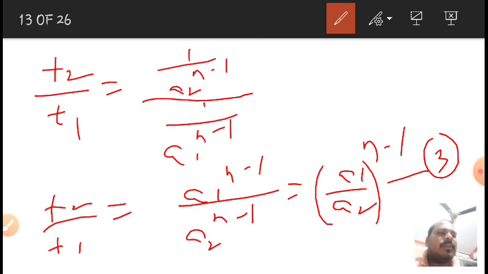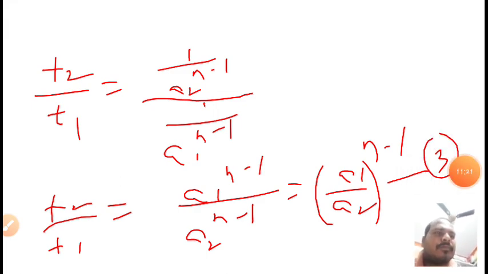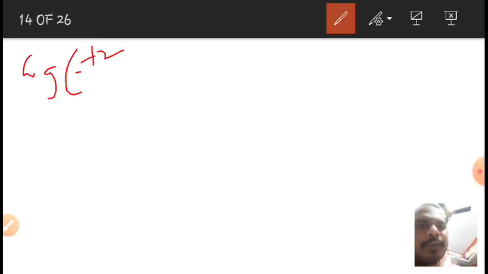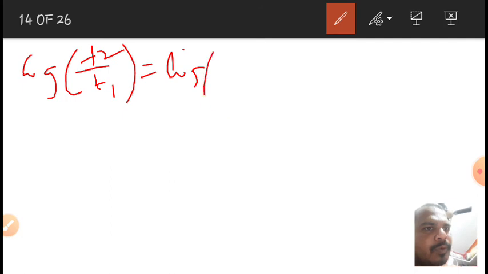Taking logarithm on both sides of equation 3, we get log T2 by T1 is equal to log (A1 by A2) to the power of n minus 1.